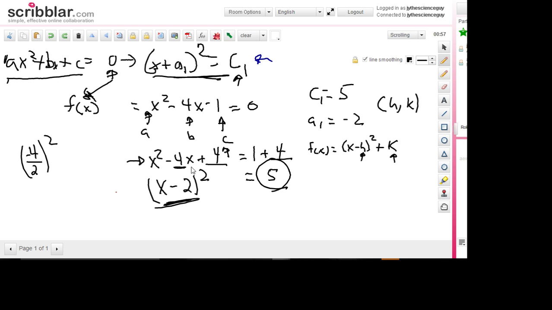So if I reordered this equation, my f of x would be equal to x minus 2 minus 5. So I'm going to bring this over to that side, back over to that side. So that means that my vertex then would be at 2, comma, negative 5.